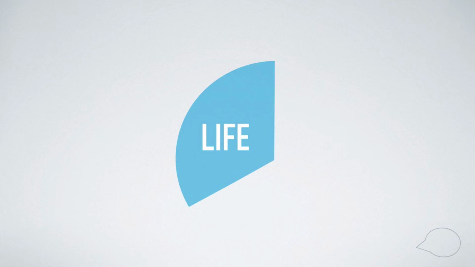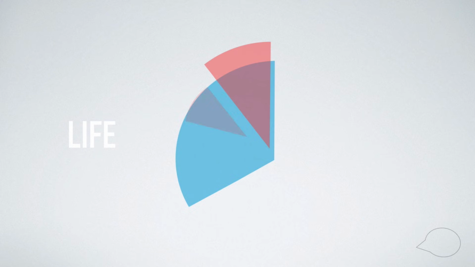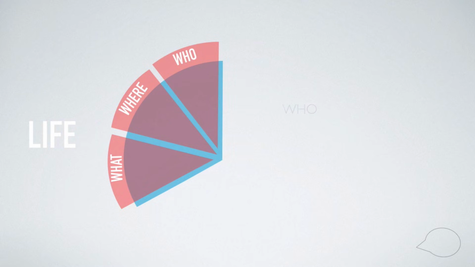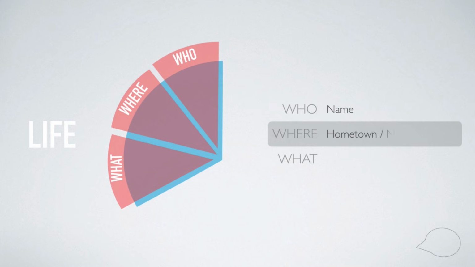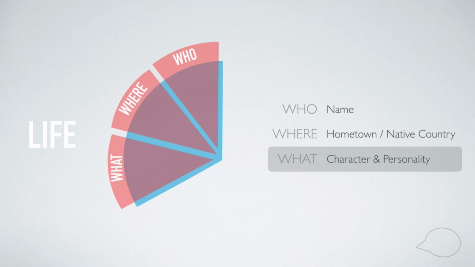For this part, we will select 3 of the 5 W's: who, where, and what. Now we will write down a short piece of information for each of these W's. For who, we can say name. For where, we can say hometown or native country. And for what, we can say character and personality.